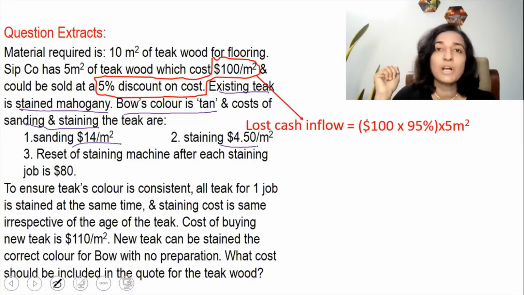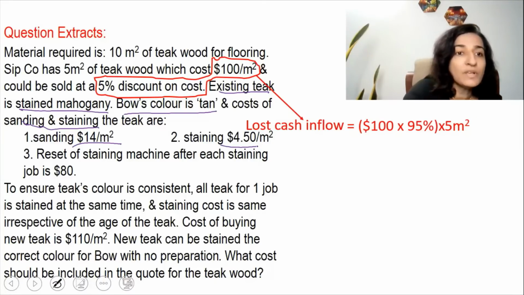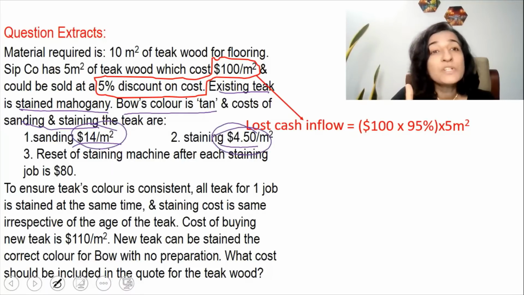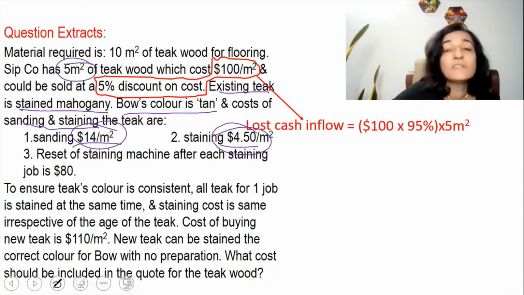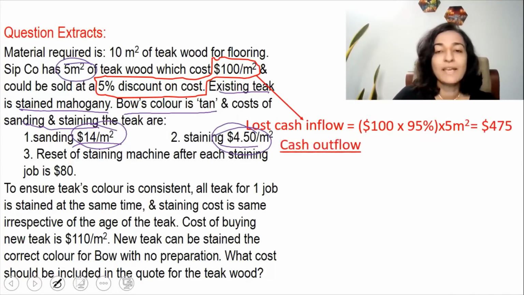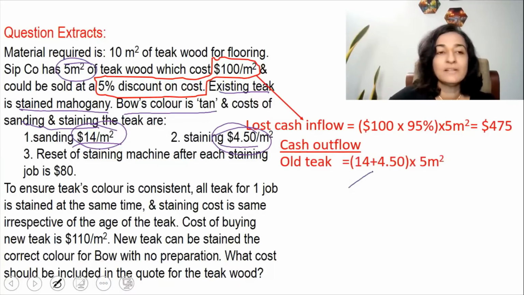So what is the cash outflow? The cash outflow is $14 plus $4.5 for how much quantity? For 5 square meters, because that is the existing teak that we have. So you have a cash outflow for the old teak. It is $14, that is the sanding cost, and $4.5, that's the staining cost.